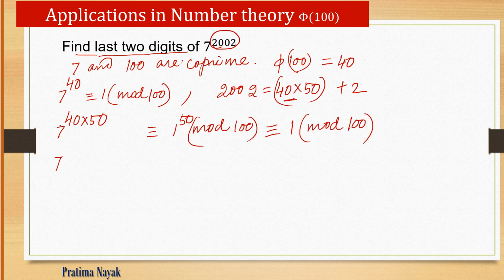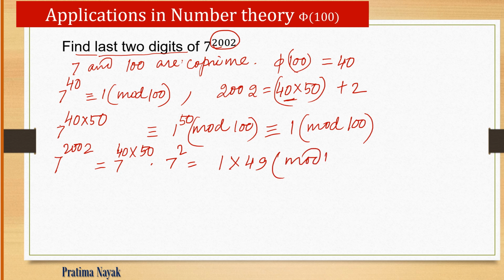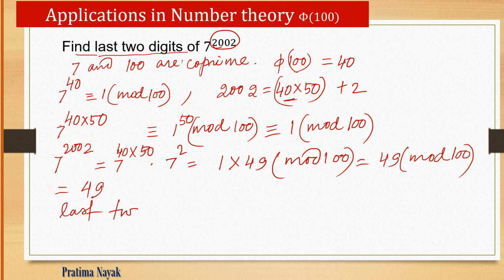Now 7 power 2002 can be written as 7 power 40 into 50 multiplied by 7 power 2. So it will be 1 into 49 modulo 100. That will be 49 modulo 100. So it is 49. The last two digits are 4 and 9.